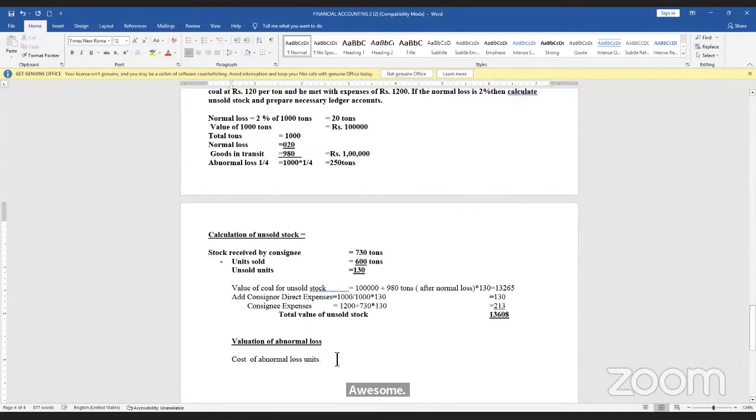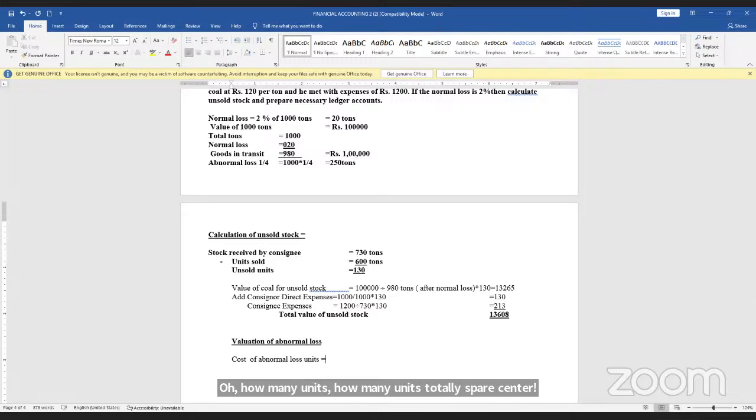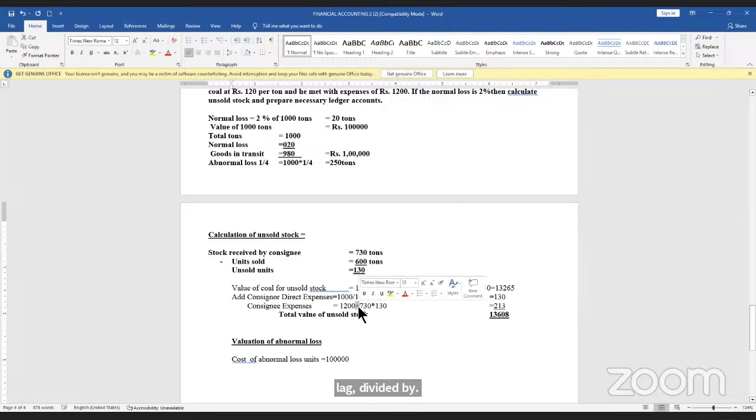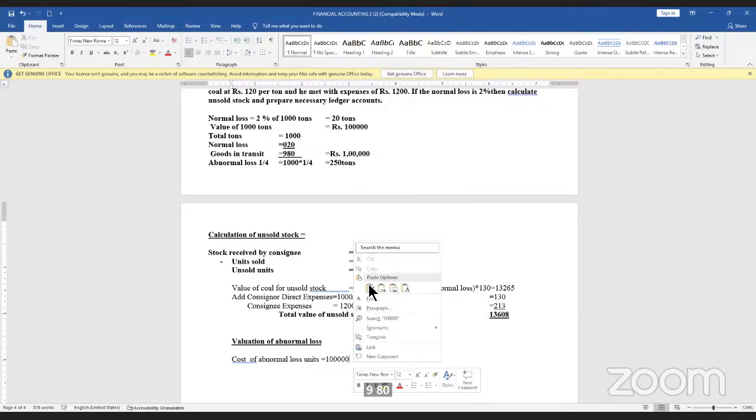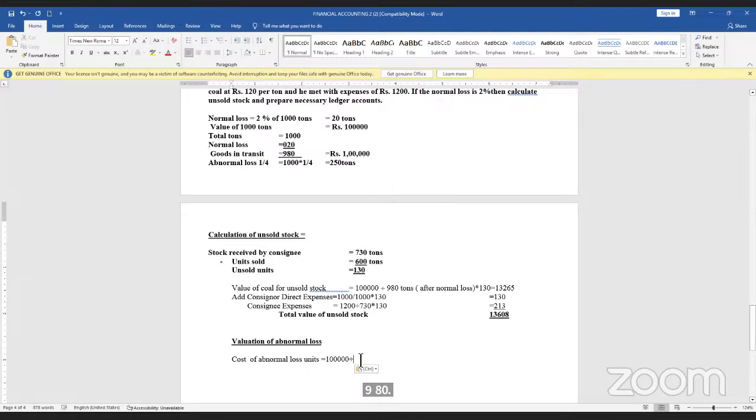How many units were totally sent? 1,000 units at 1 lakh. So 1 lakh divided by 980, into what is the abnormal loss units? 250.